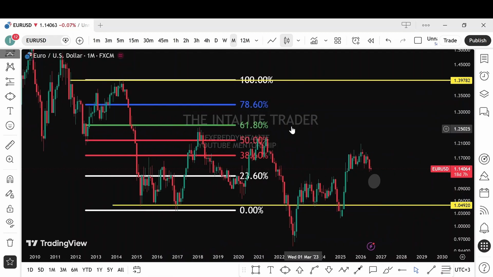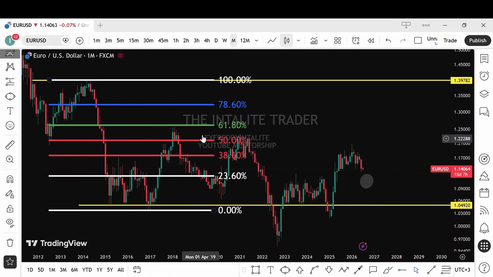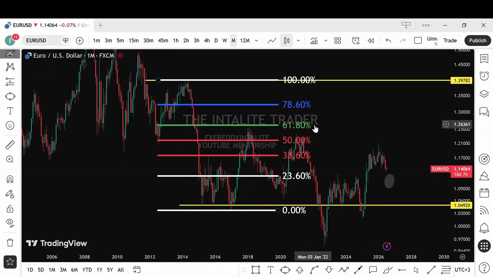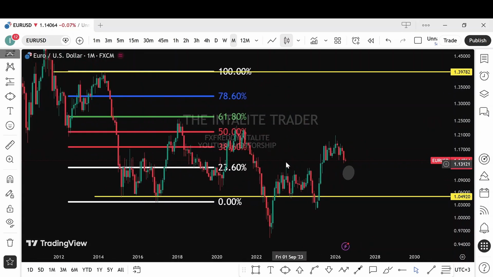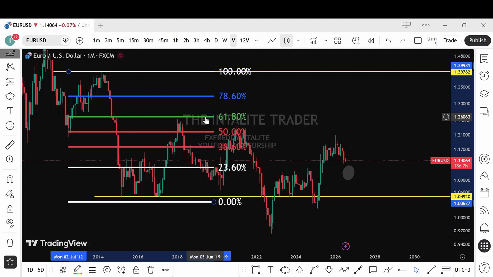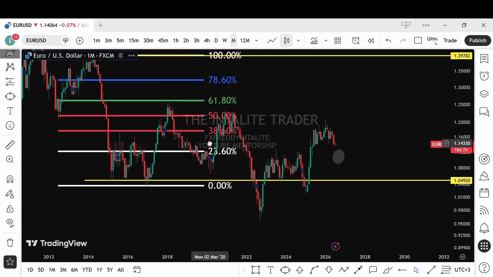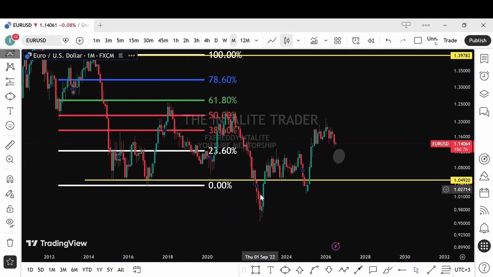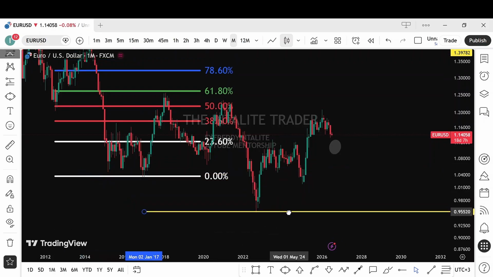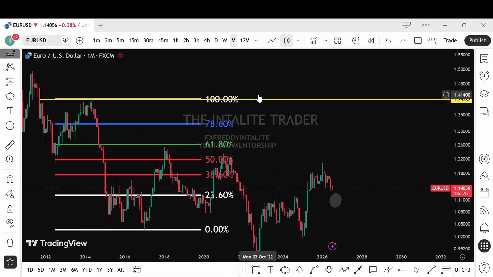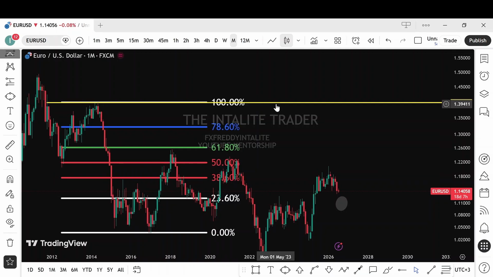Price came where? 50.61. What did it do? Push lower. Now, we don't count this as a swing low. We don't count, the one we are going to count is when price comes and breaks this low. So we mark this, and also we trace where price started from.